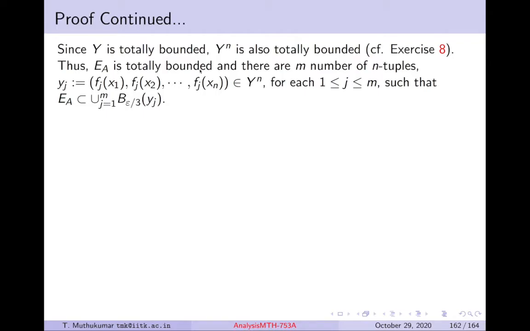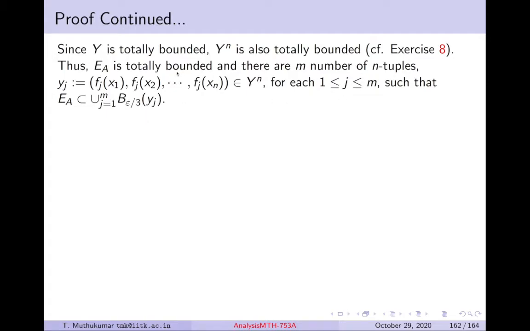By the definition of total boundedness, you can find a finite collection of points, let's call them y_j, with y_j in Y power n, such that E_A is contained in the finite union of balls centered at y_j. You have m such elements.